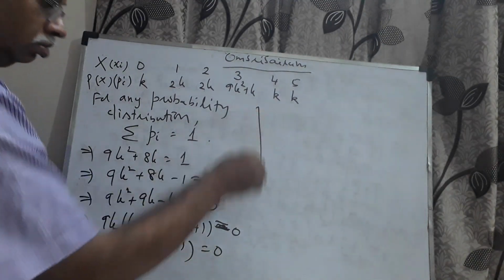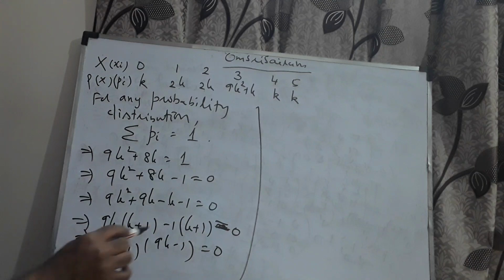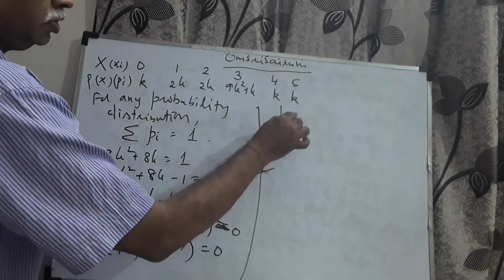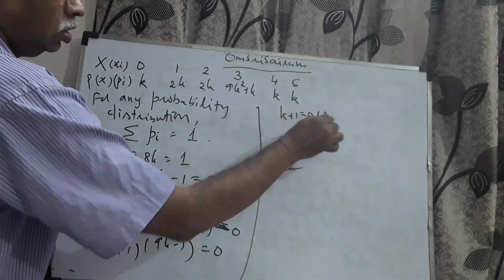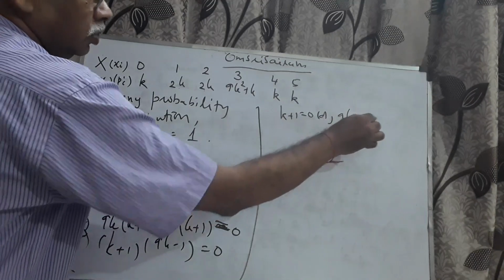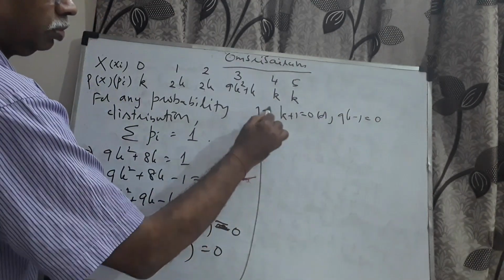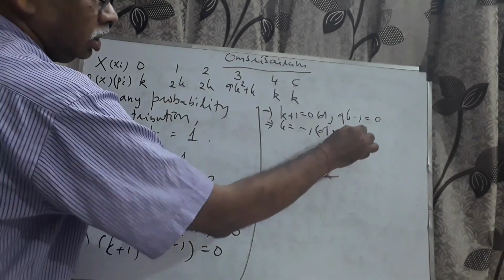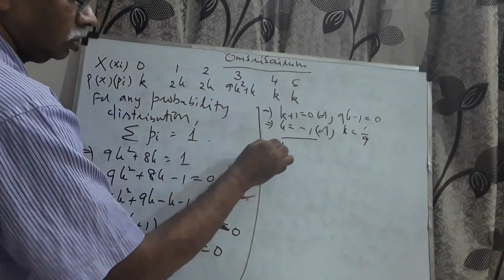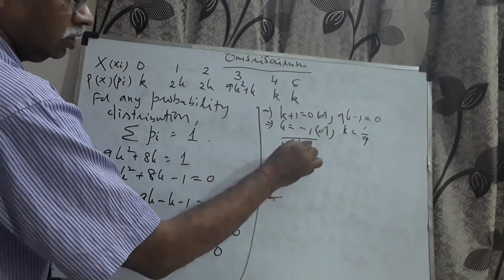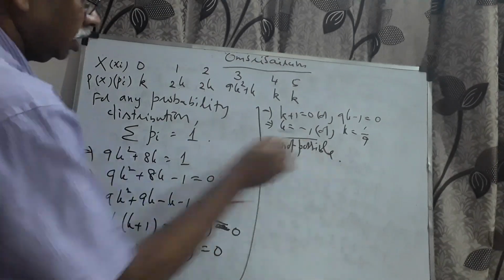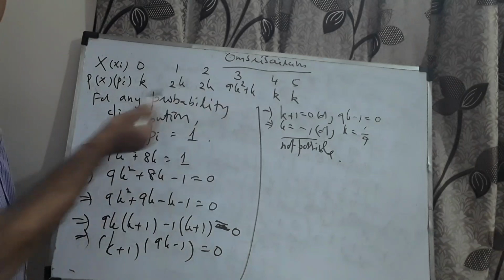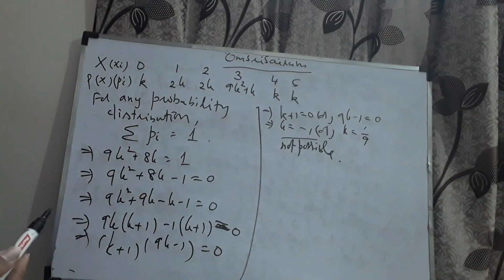Just remember, I don't want to erase it and write again. Now k plus 1 equal to 0 or 9k minus 1 is 0, which will imply k is equal to minus 1 or I'll get k is 1 by 9. This case is ruled out because I am not supposed to have the values of any probability to be a negative number.